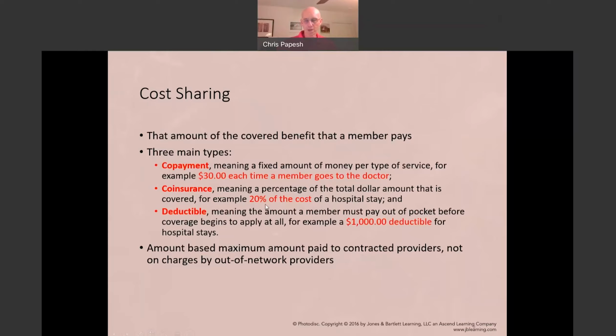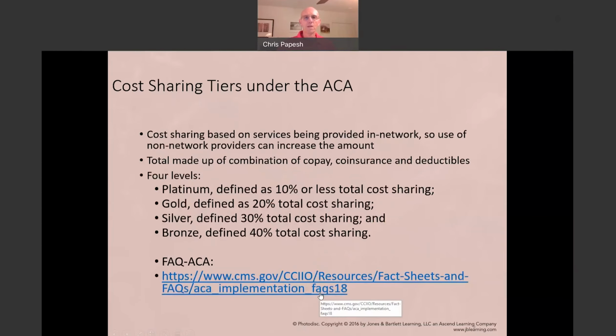So you're in the hospital, it costs $50,000. You have to pay 20%, $10,000 of the cost. And there's a deductible. Often it's an annual deductible. It could be $1,000. It could be $2,000 or more. That you have to pay first before the insurance kicks in. There's several types of cost sharing possible.